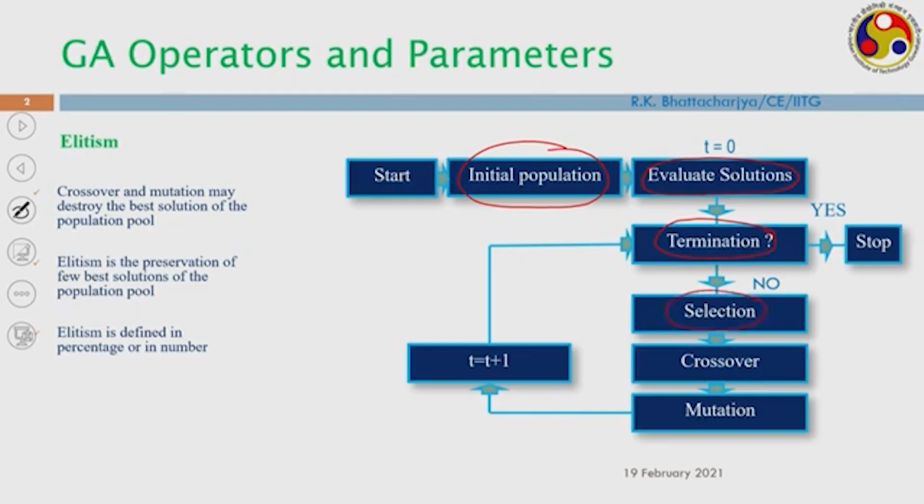Then the selection operator: as I said, its main function is to create multiple copies of the better individuals, and then you are eliminating the inferior solutions. The worst solution will anyway be eliminated, and some of the inferior solutions will also be eliminated here.